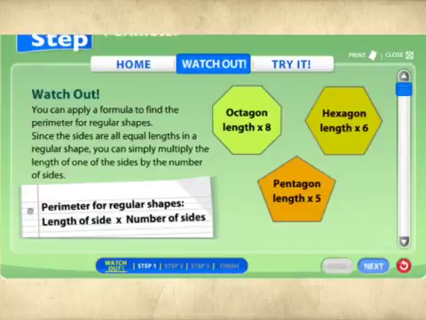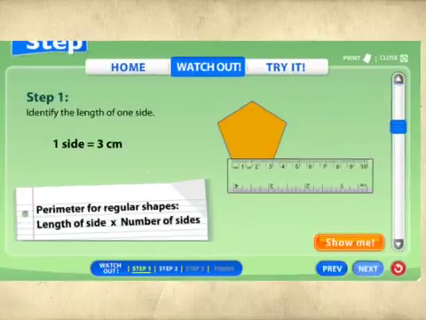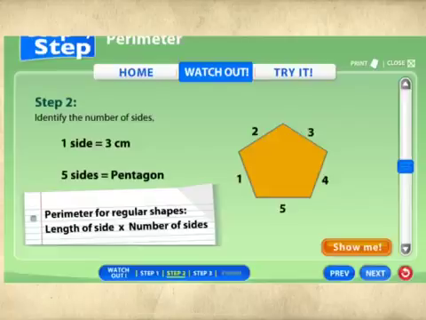You can apply a formula to find the perimeter for regular shapes. Since the sides are all equal lengths in a regular shape, you can simply multiply the length of one of the sides by the number of sides. Identify the length of one side. The length of one side is 3 centimeters. Identify the number of sides. 1, 2, 3, 4, 5.